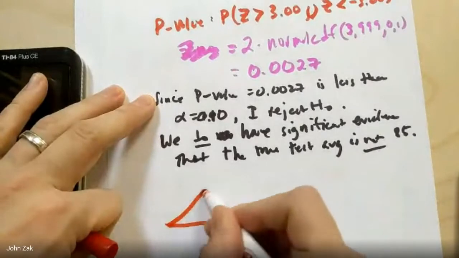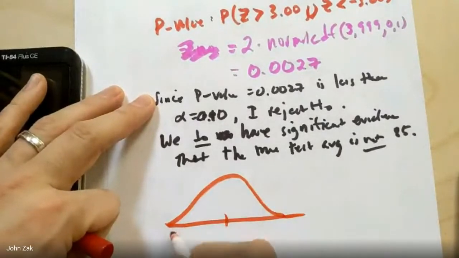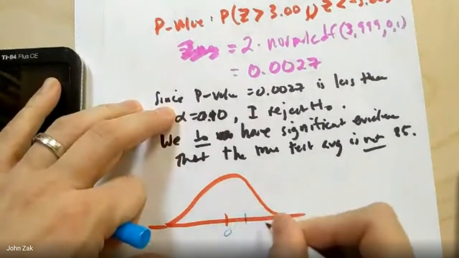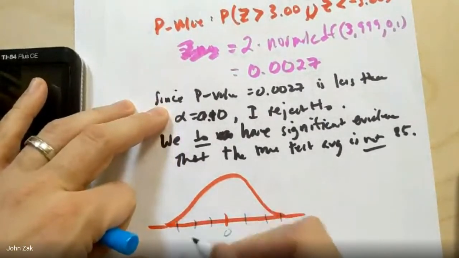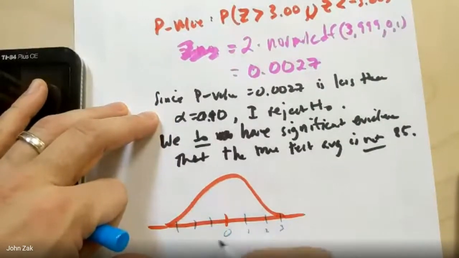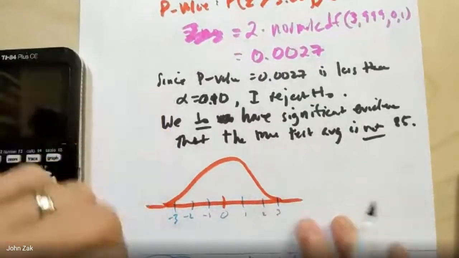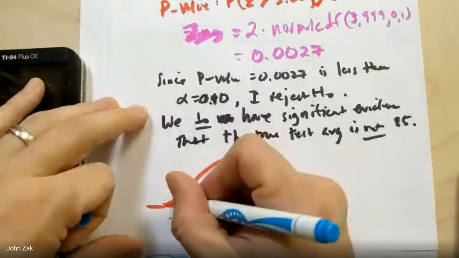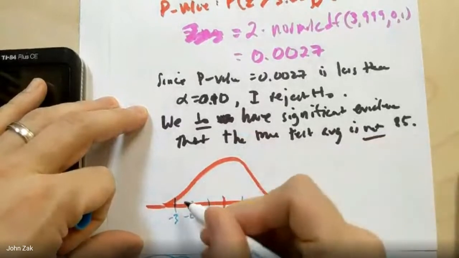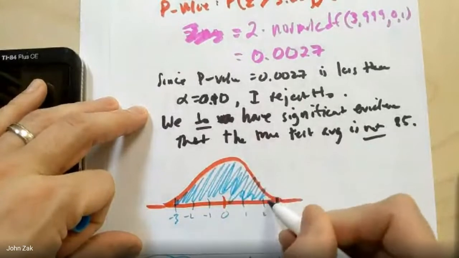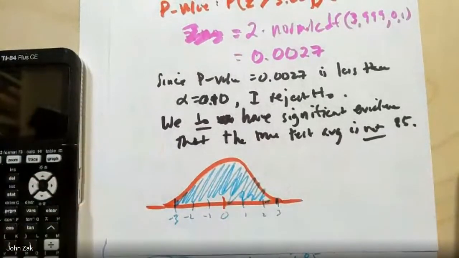Remember when we were memorizing stuff in the very beginning in chapter 2, when we were learning about normal distributions, we said that typically you go out 1, 2, 3 standard deviations on either side of the mean, 1, 2, 3, -1, -2, -3, to talk about a normal curve. And we said that between -3 and +3, 3 standard deviations from the mean, if we were to shade all that in, how much did I just shade in? What did I teach you way back in the day between -3 and +3 standard deviations of the mean? Someone type it in the chat.